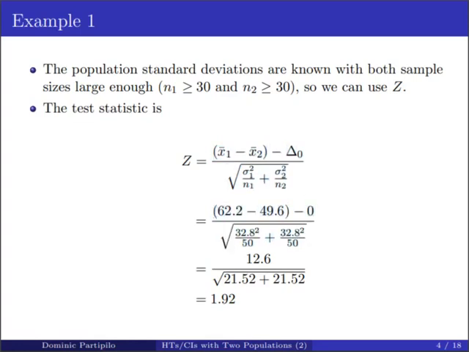The only thing I haven't talked about so far in this video is that delta 0 is going to be equal to 0. And remember, delta 0 was just the hypothesized difference. In our null hypothesis, we said that mu1 minus mu2 was equal to 0, and that 0 is going to be delta 0 here. So when we plug all of this in, we're going to come up with 1.92, and that's going to be our test statistic.